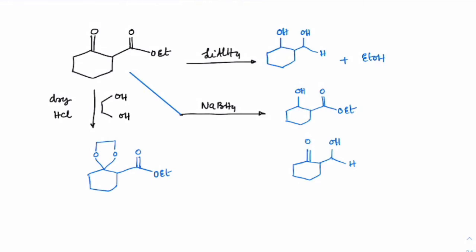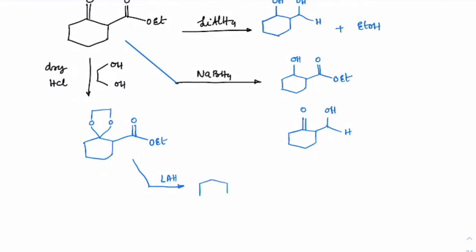Now once you get this, if I react that with lithium aluminum hydride, LiAlH4, it does not react with the acetal form, so that would remain, and this part becomes alcohol.